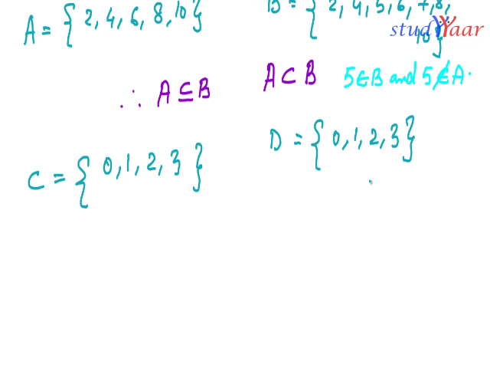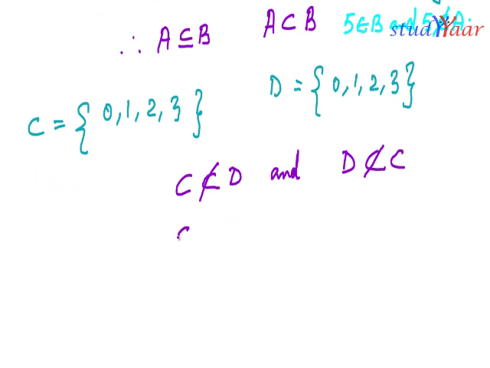There is no X present in D which is not in C. Similarly there is no X present in C which is not in D. Therefore C is not a proper subset of D and D is also not a proper subset of C, although C is a subset of D and D is a subset of C.